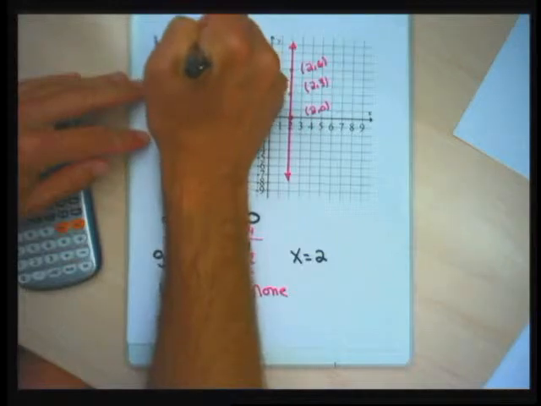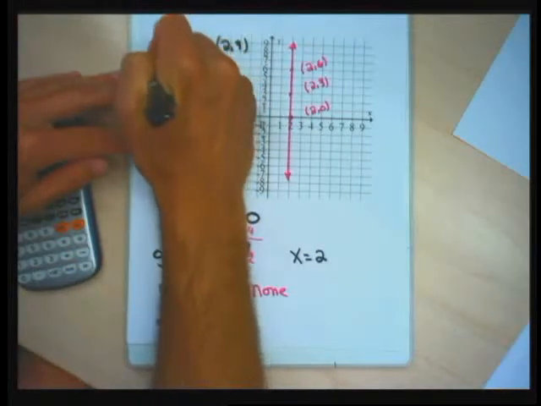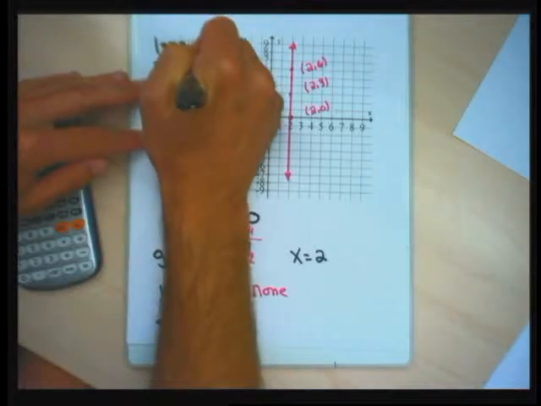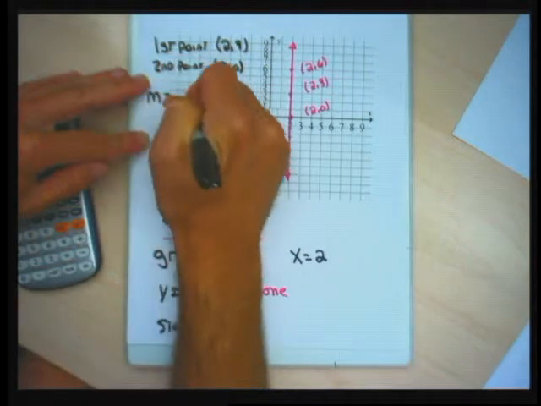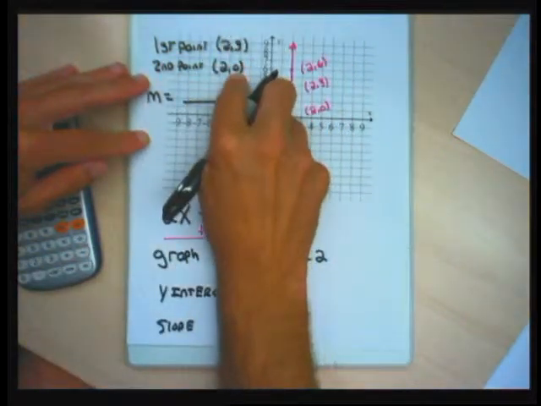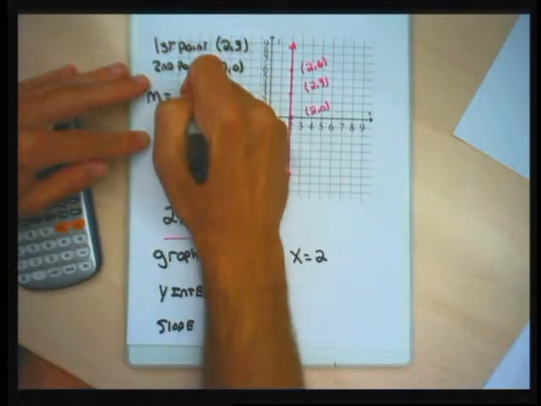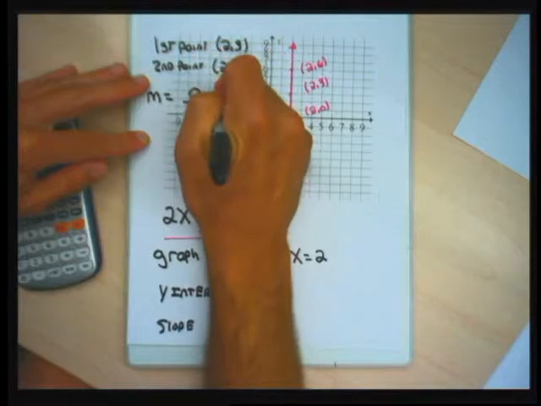I'm going to go first point, 2, 3, second point, 2, 0. For my slope, I form a fraction. In the numerator, it's the y-coordinate of the second point, which is 0, minus the y-coordinate of the first point, which is 3.